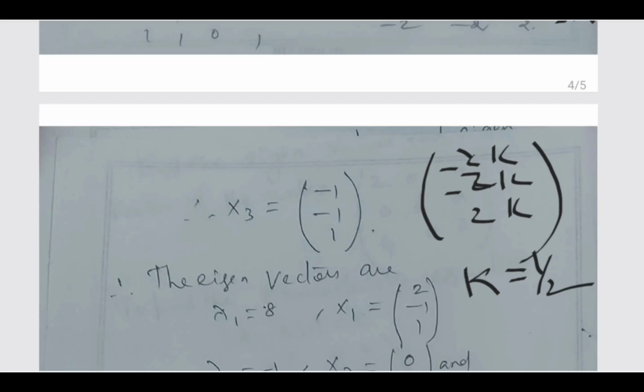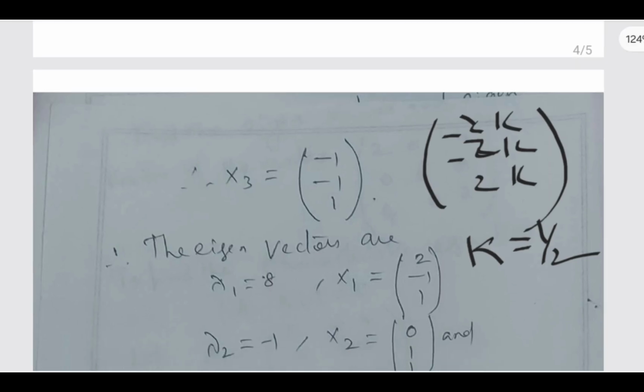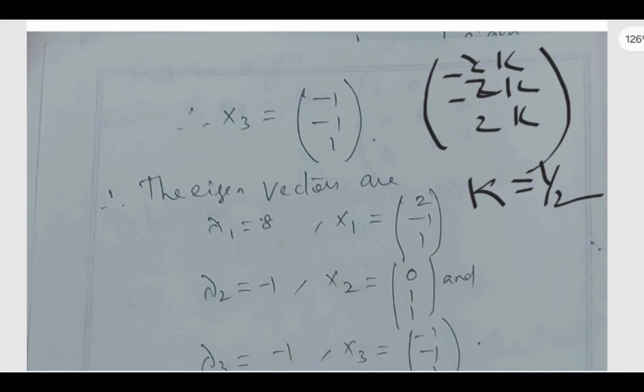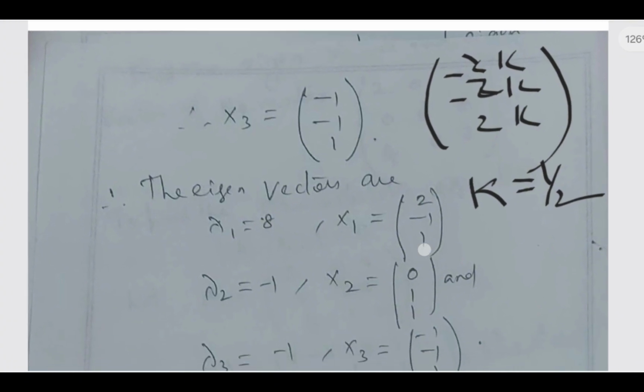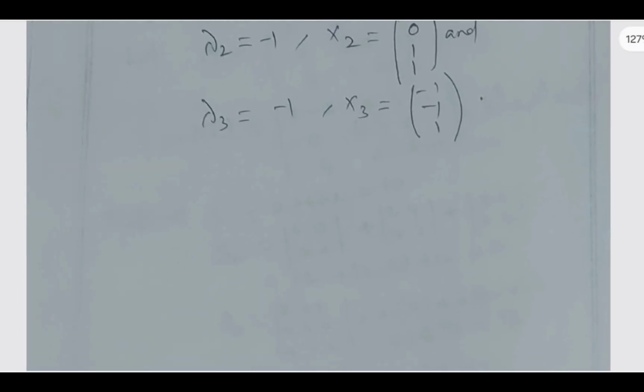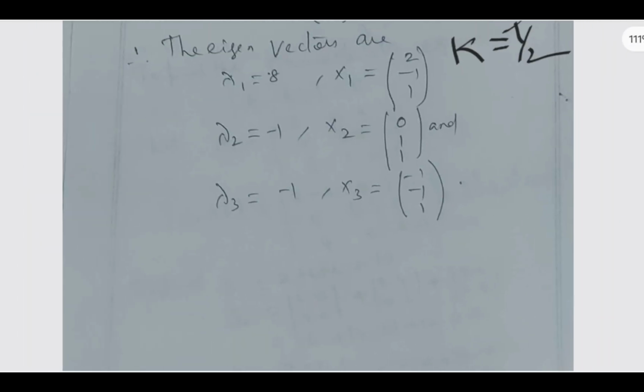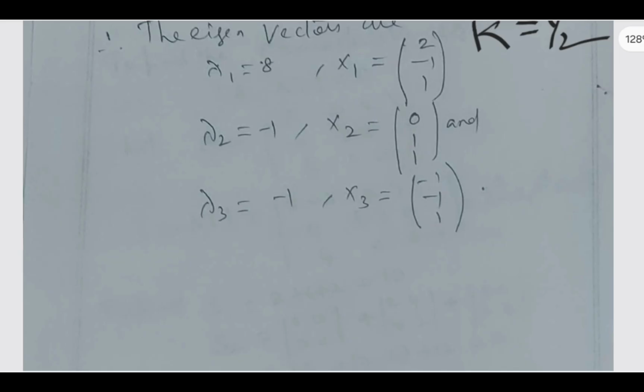If you check it, all three eigenvectors are orthogonal to each other. So the answer is x1 equal to 2, minus 1, 1 and x2 is equal to 0, 1, 1. And for the same eigenvalue minus 1, we used the orthogonality concept and got the vector x3 equal to minus 1, minus 1, 1.